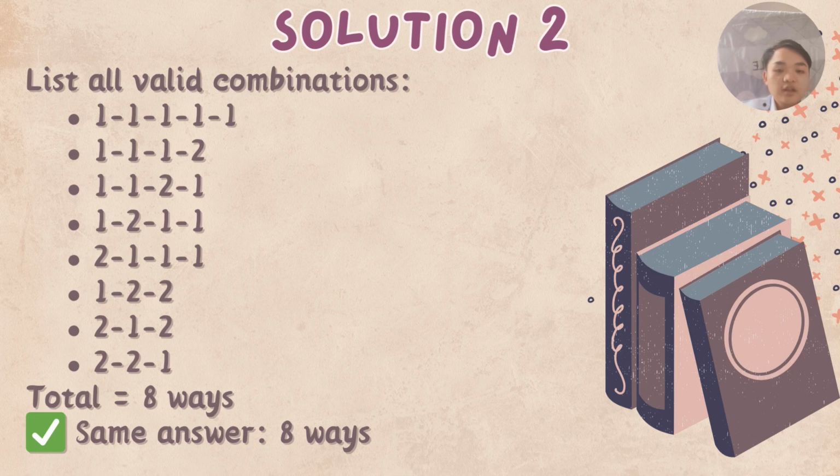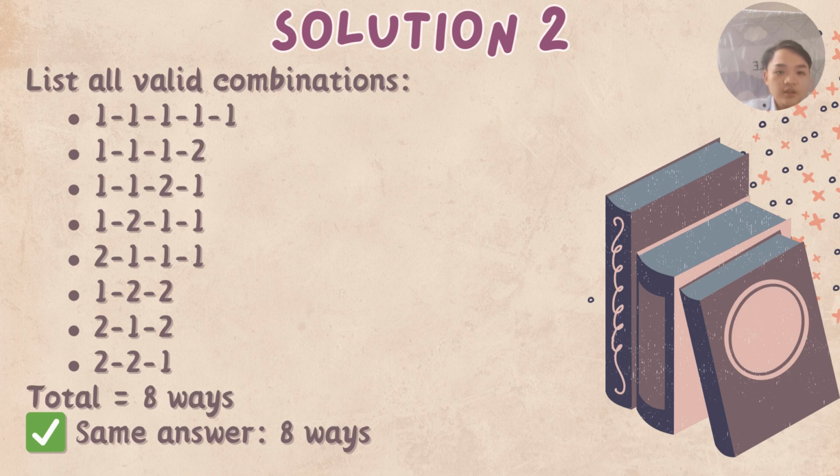So let us see solution 2. Solution 2 is like trial and error. First, we can list all the valid combinations to take the steps. For the first one, we assume that we take all 1 steps, so we get 1 five times.